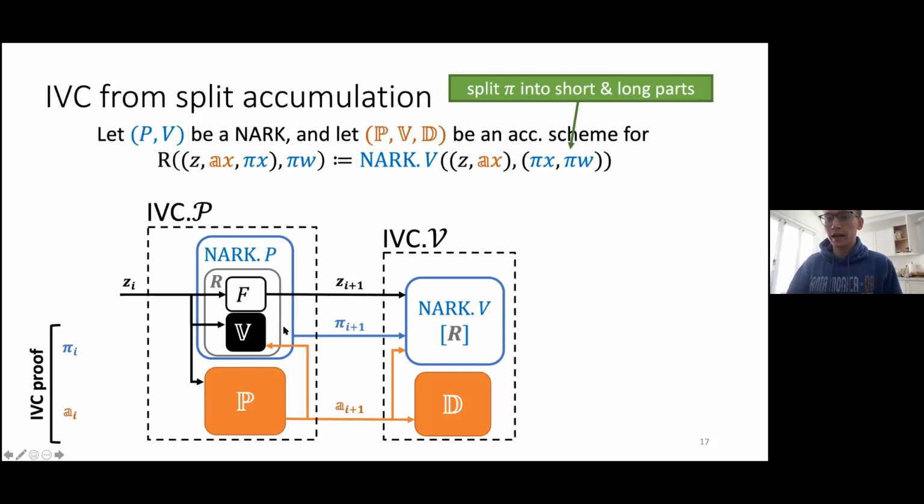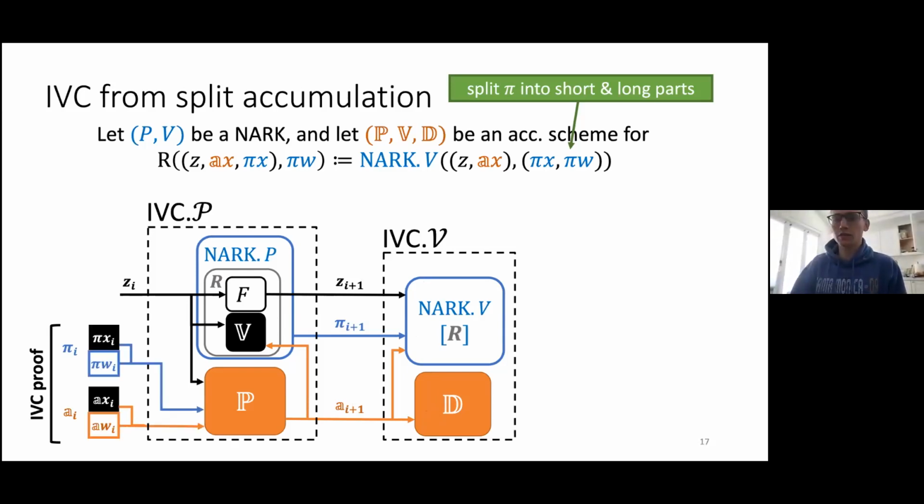And then this creates a new proof, which you then again feed into the NARC prover, and this is the same kind of recursive construction. And then in the end, the IVC verifier simply runs the decider and runs the verifier.